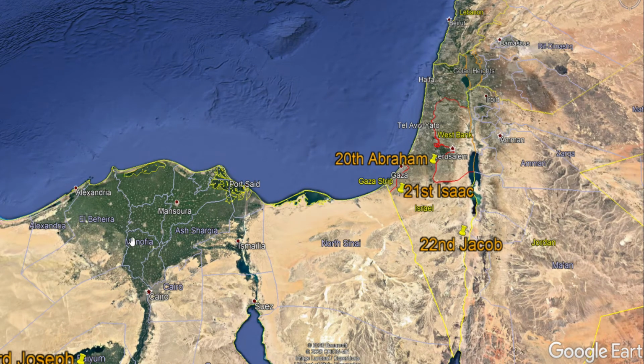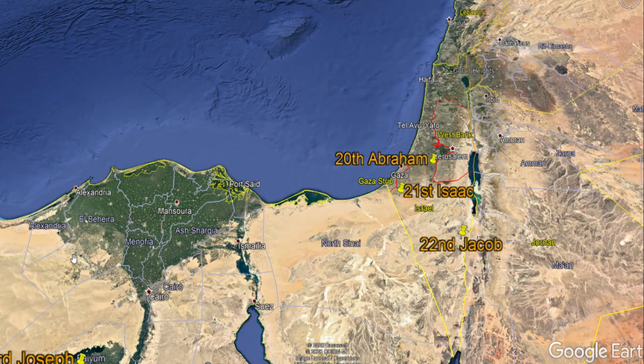And so the Septuagint puts Israel in Egypt for over 200 years, like 215, something like that. I think Usher might say 217, but if you know that exactly, you can write that into the comments.